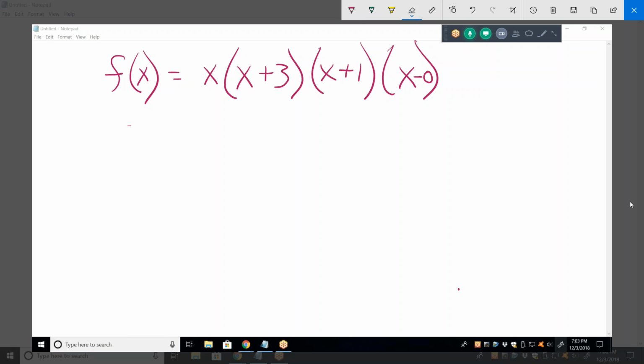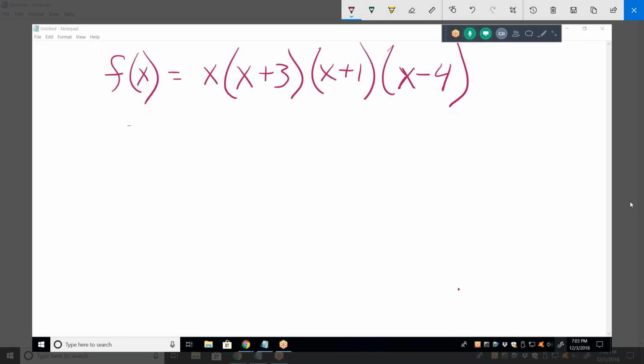I was going to say, usually they don't write the minus 0. I figured they were trying to trick you. That's our polynomial in factored form. In other words, we're looking at 4 linear factors.